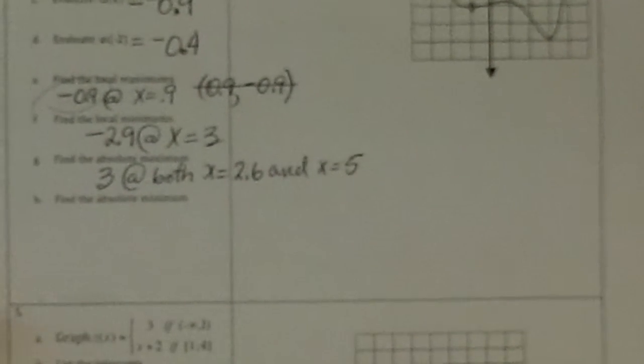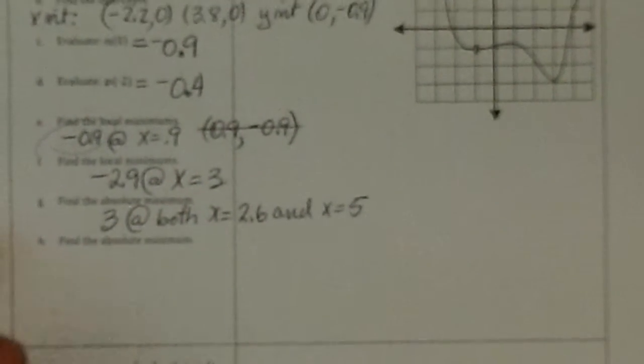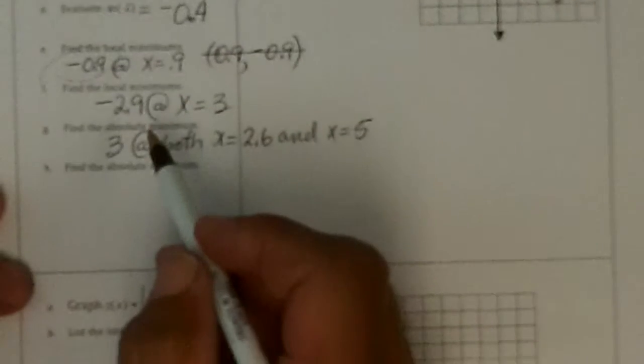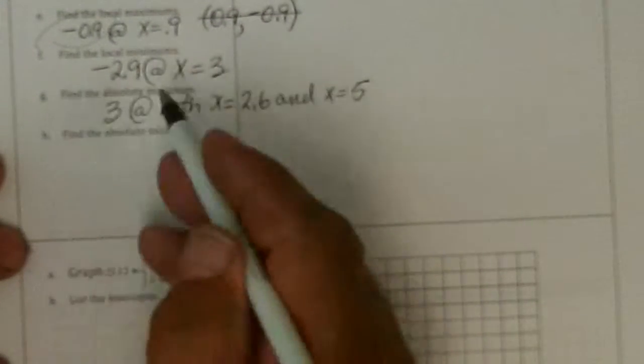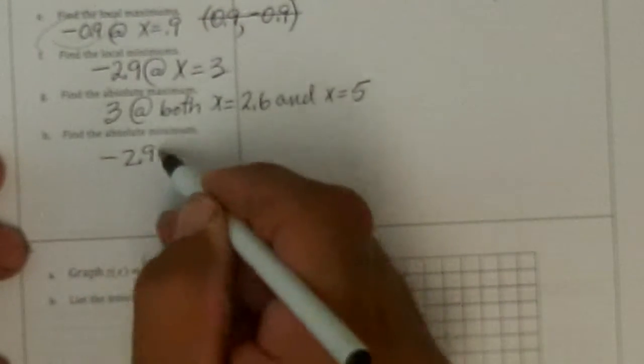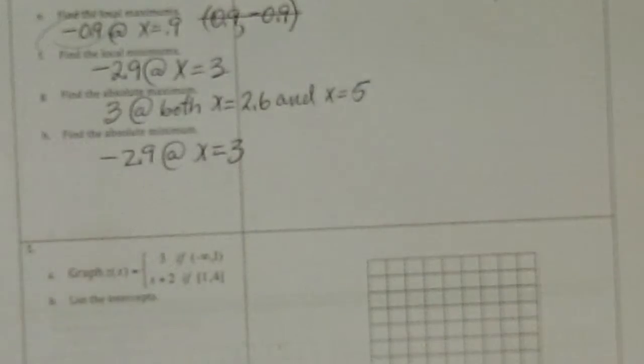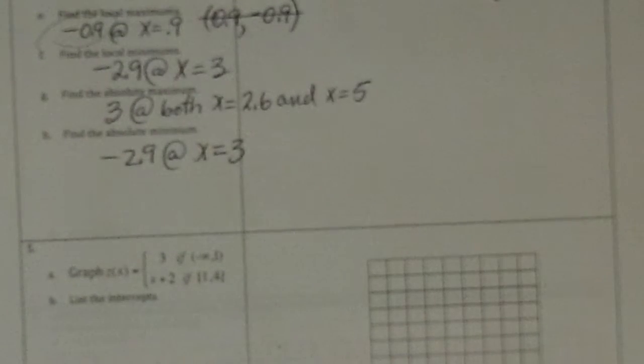Close enough. And then finally, absolute minimum, the very lowest place. Well, that's also the local minimum, so that's the same answer as -2.9 at x equal 3.